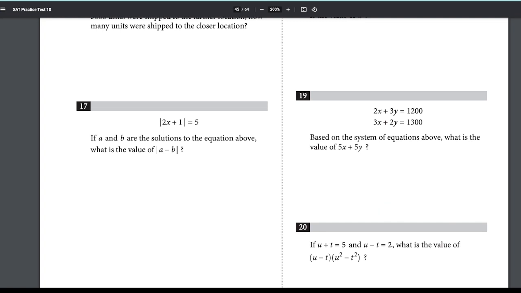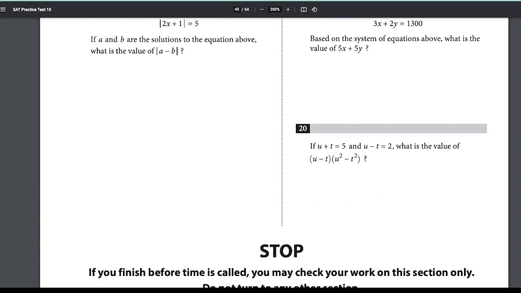And then number 20. If u plus t equals 5 and u minus t is 2, what is u squared minus t squared? Okay. Well, u squared minus t squared is equal to u plus t times u minus t, right?